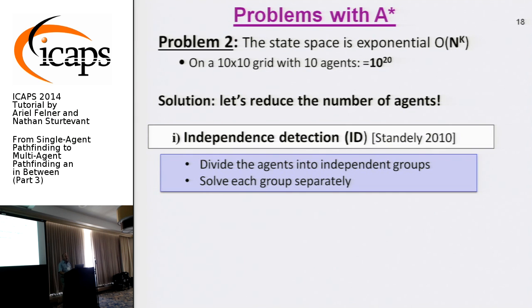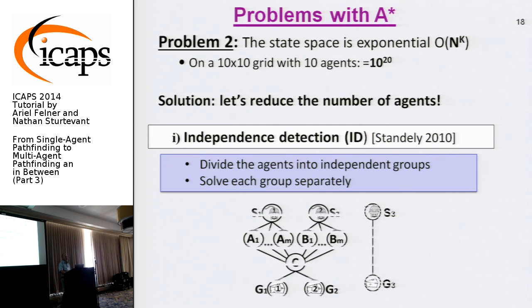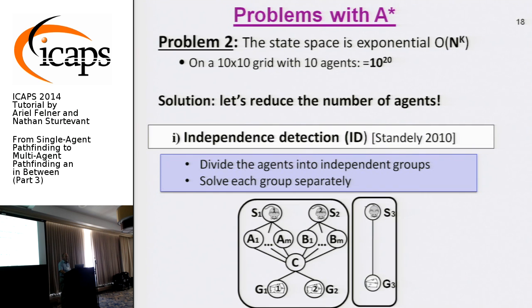And Stanley in 2010 introduced an algorithm that starts to find independent groups, not all of them, but when he finds independent groups, they can be solved separately. So for example, if I add another agent here, so I have 3 agents, but I have 2 independent groups here, so let's solve 1 agent and then the 2 agents. I certainly reduce the exponent here because now I will run at most in the largest group.